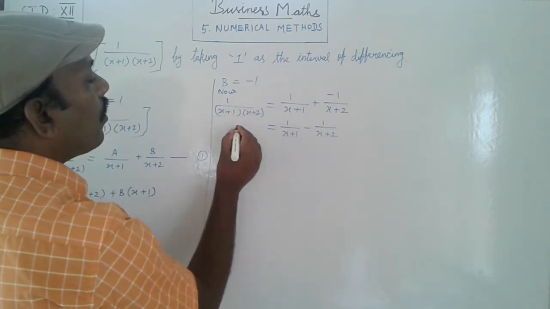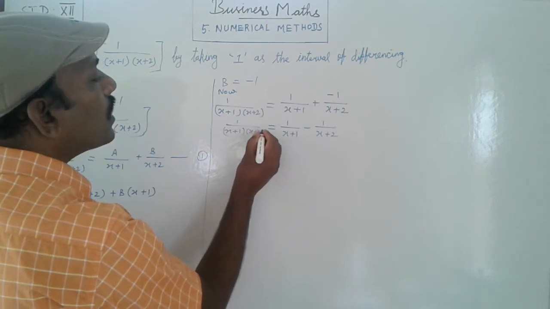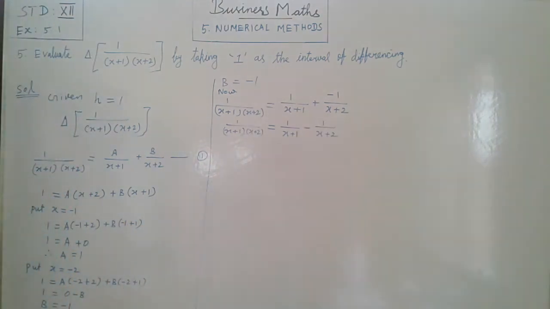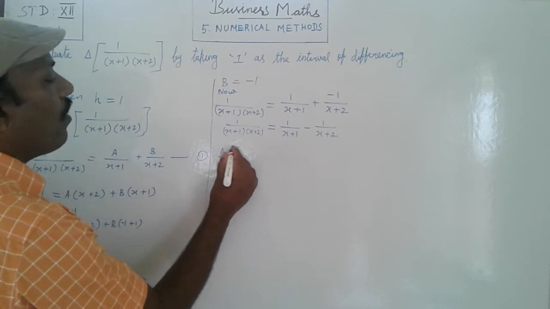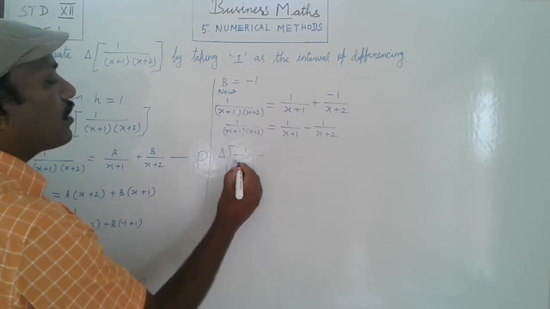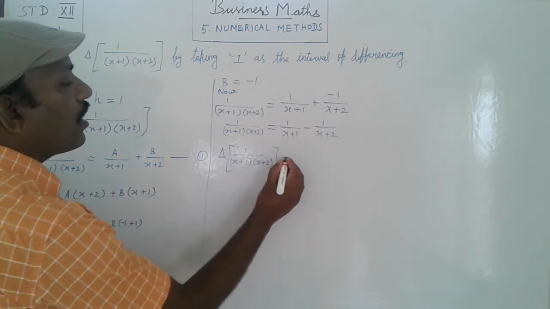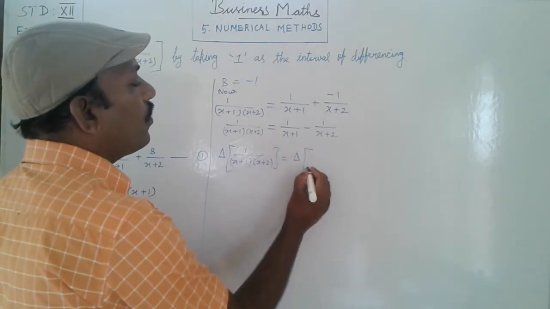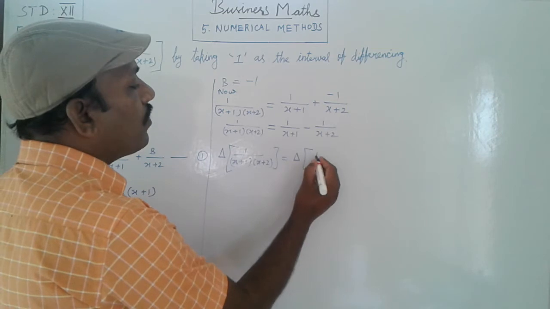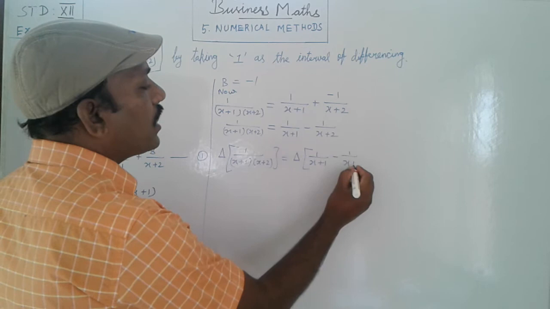Now substitute this into delta: delta of 1 divided by (x plus 1)(x plus 2) equal to delta of 1 divided by x plus 1 minus 1 divided by x plus 2.